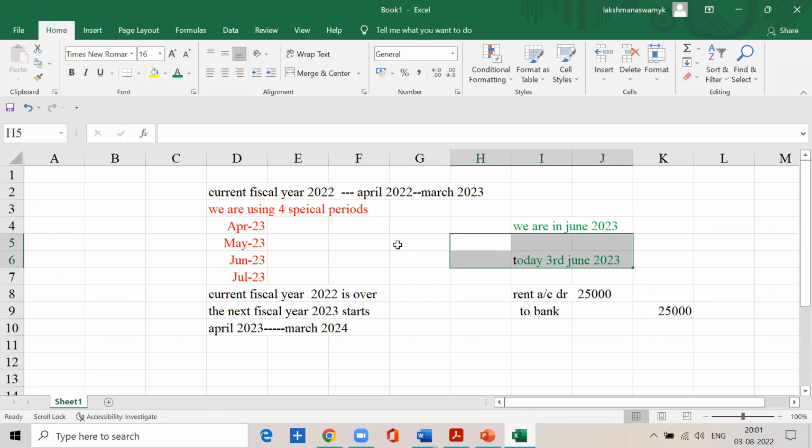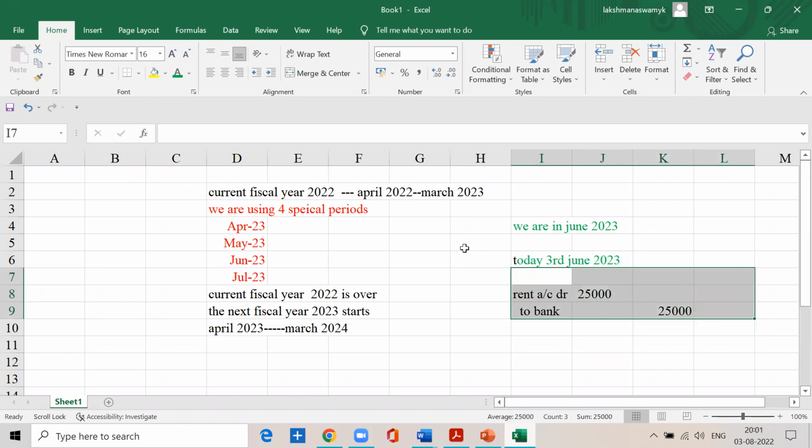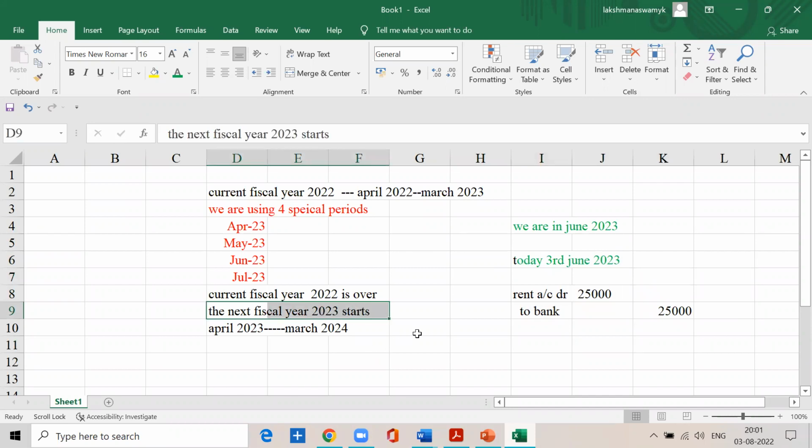Now fiscal year 2022 is over. We have not prepared the financial statements and we are using 4 special periods, right? In that case, this business transaction may be an adjustment to the previous books of accounts, or the business transaction may be related to current fiscal year 2023 also.